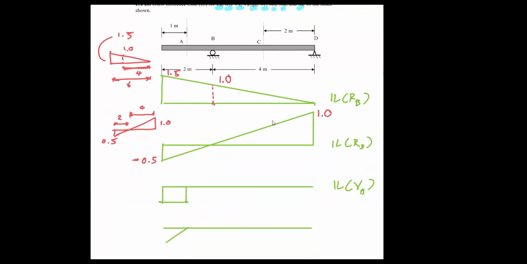Right? That's the influence line of moment at A.